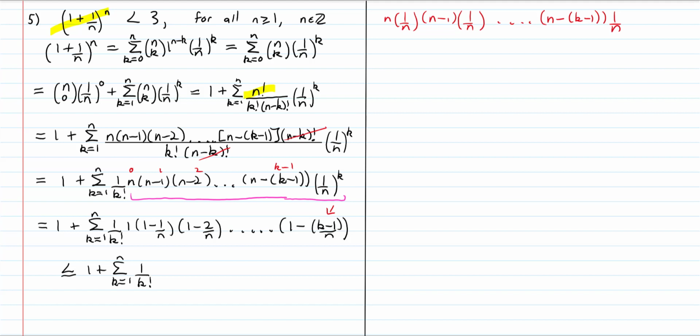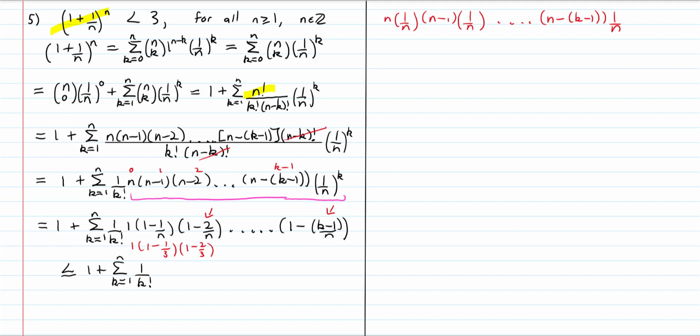But if we take a bigger number for n, let's say n is equal to 3, so we're going to be summing from k equals 1, k equals 2, and k equals 3. So for k equals 3 then, well, this whole term, we're going to have 1 times 1 minus 1 over 3. And then our final term, our k minus 1, so if k is equal to 3, 3 minus 1 is 2, so we're going to be multiplying by 1 minus 2 over 3.